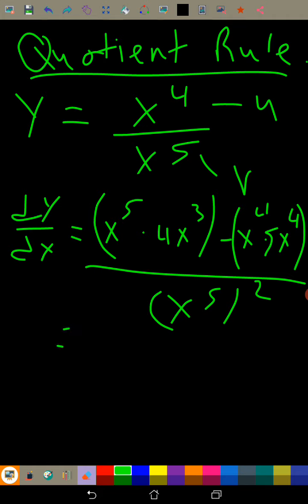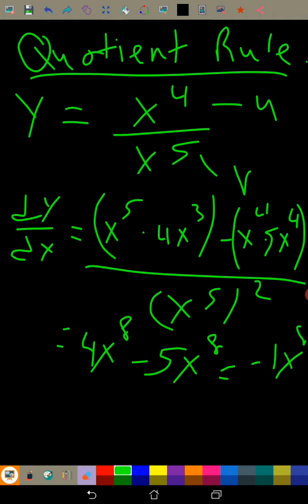So what do we have here? We have 4x to the power of 8 minus 5x to the power of 8, which gives us minus 1, x to the power of 8, divided by x to the power of 12.